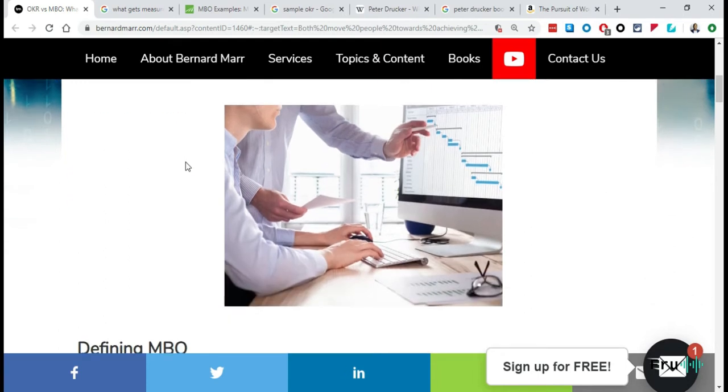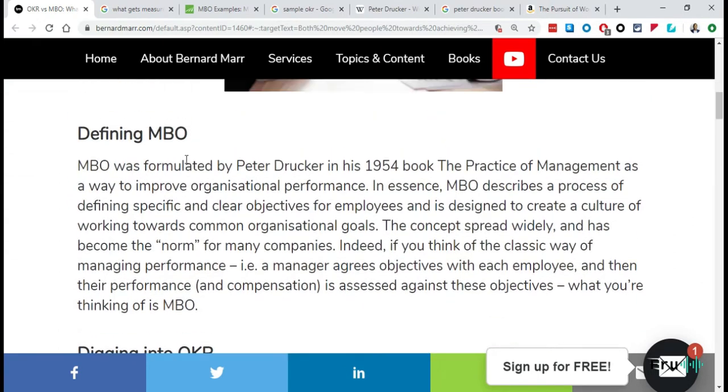Before we dive into the differences, let's talk first again about MBOs, management by objectives. This was formulated by Peter Drucker. Peter Drucker is a management guru or expert, and he wrote a lot of books. He really popularized this concept of MBOs.